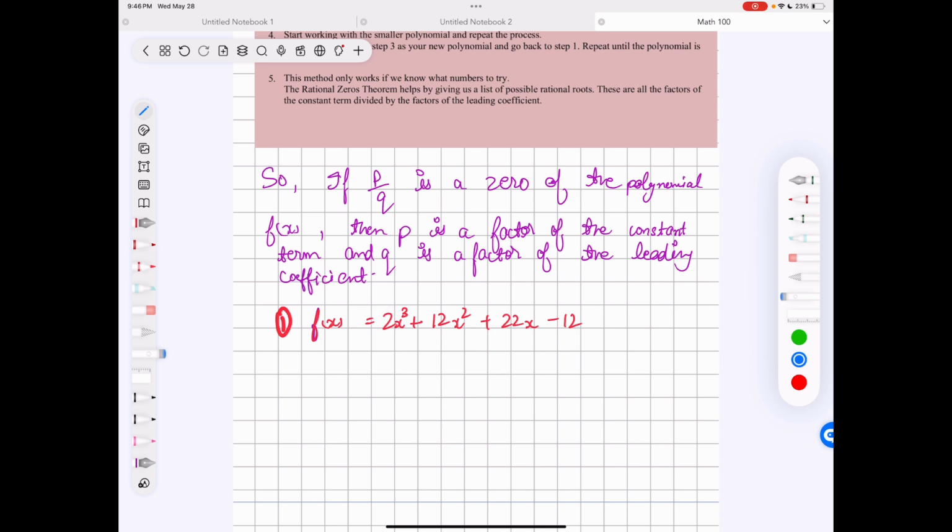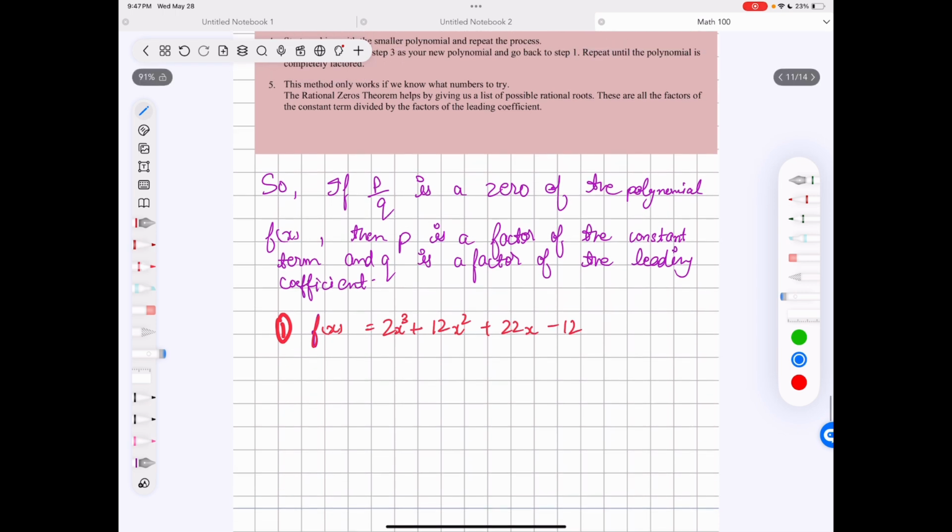So all the factors of the constant, meaning all the numbers that divide evenly into 12, and the factors of this leading coefficient 2.